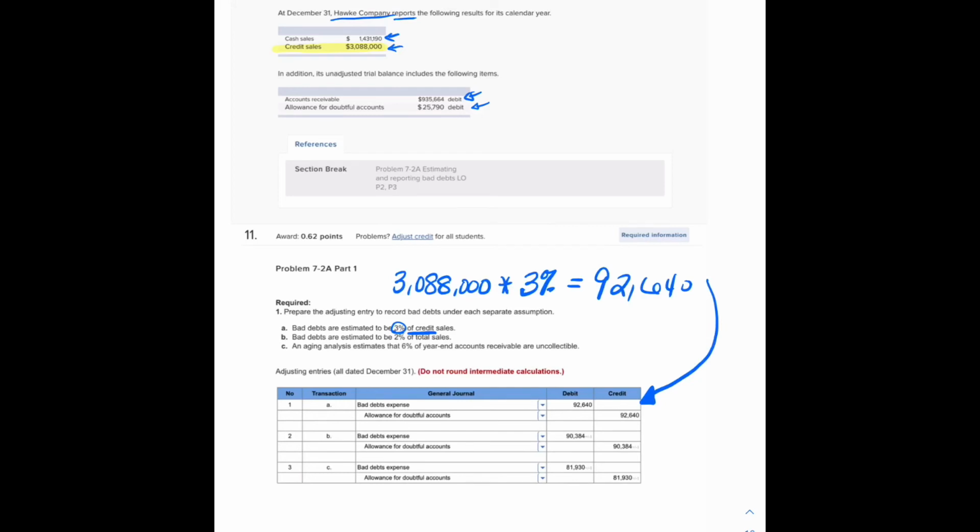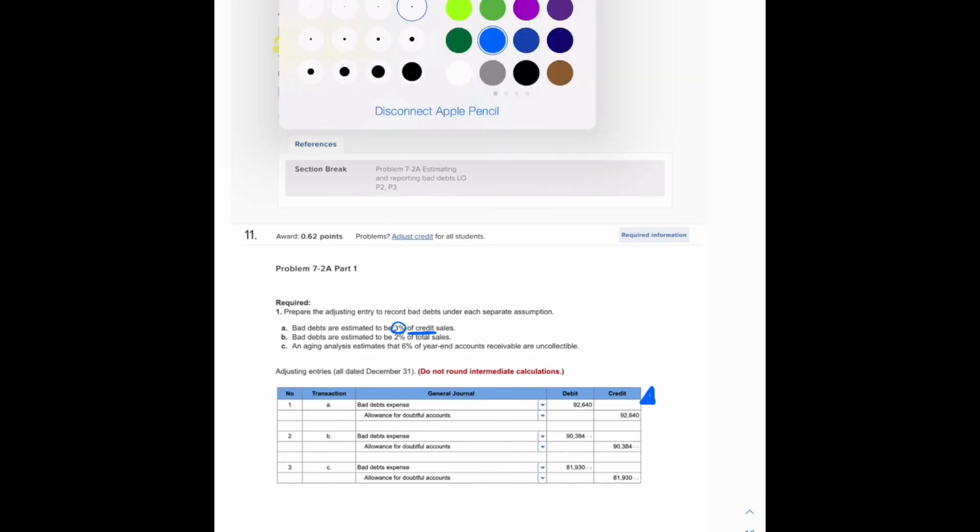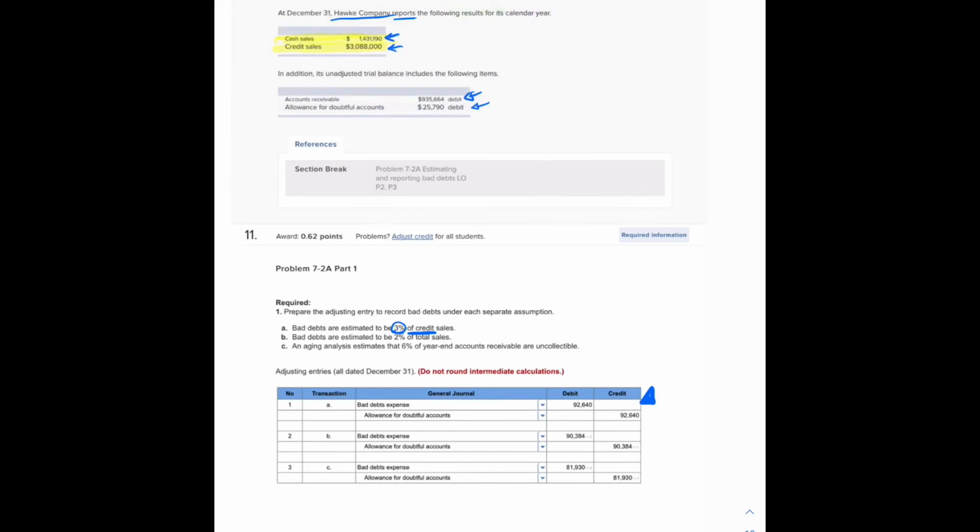Now for transaction B, we're going to do something very similar. And in this case, instead of just using the credit sales, now we're going to use cash sales and credit sales. So now I'll come in and I'll take my credit sales of $3,088,000.